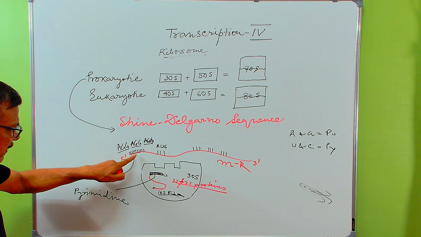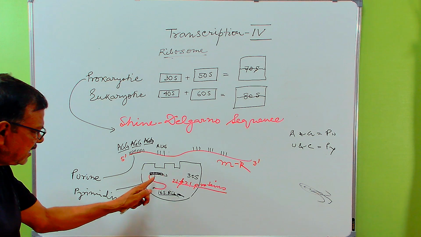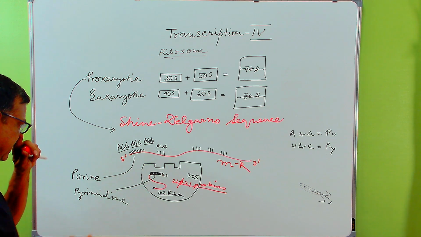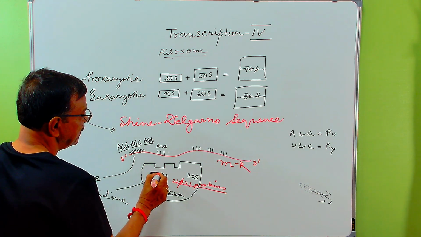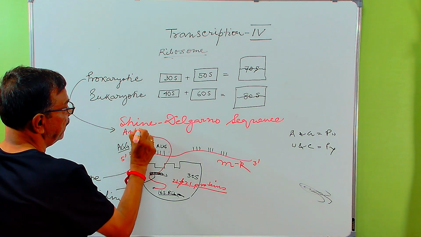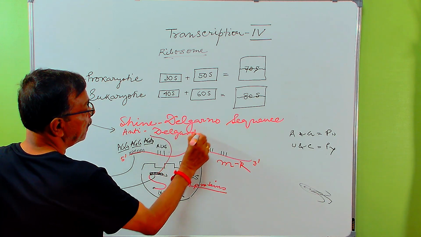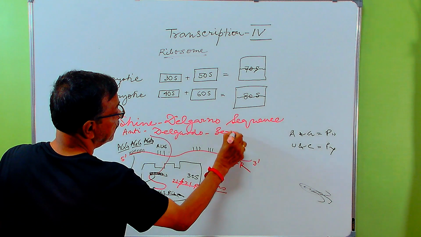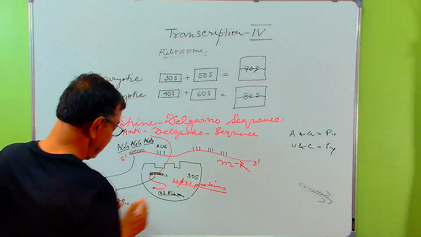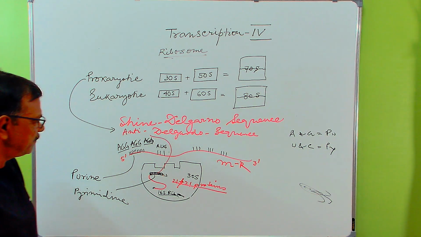So this is purine bases, this is pyrimidine bases. This sequence is known as anti-Shine-Dalgarno sequence. Clear? This was not known to us. Actually, what happens?